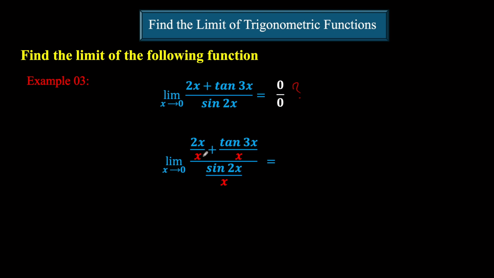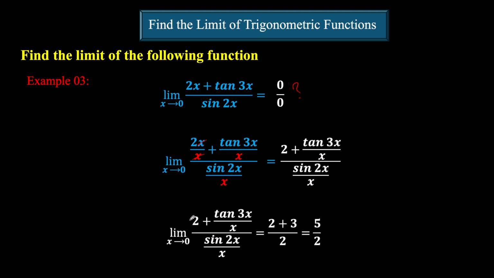We'll divide each term by x: 2x divided by x, tangent 3x divided by x, sine 2x divided by x. This x with this x will go, so we have 2 here. Tangent 3x over x and sine 2x over x, we didn't touch them, okay?